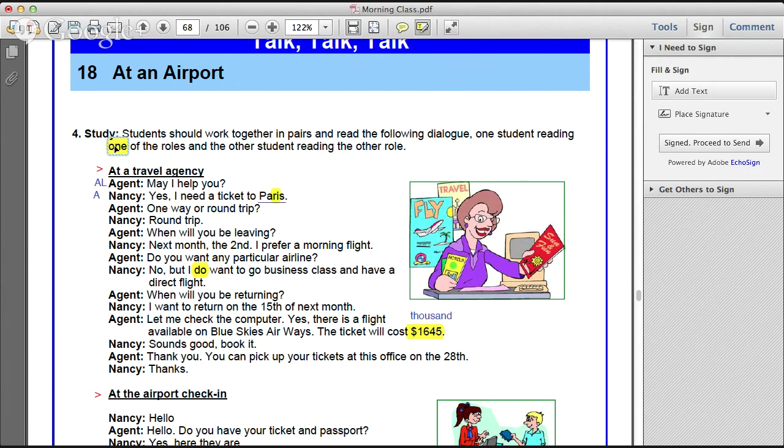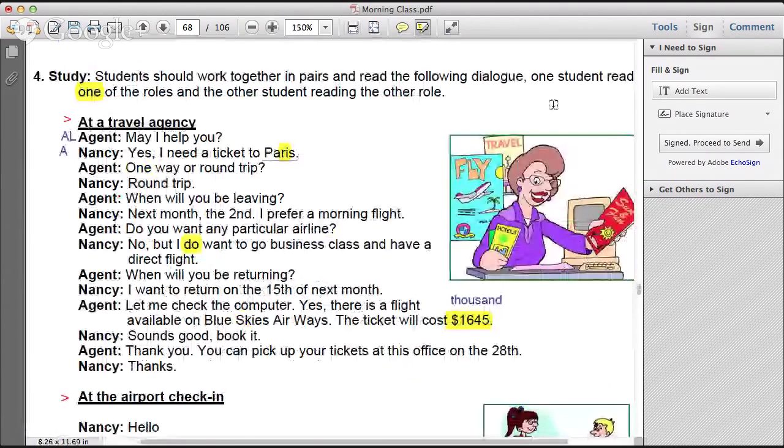Let's go through this one more time. Ali, you will be the agent, and Amparo will be Nancy. May I help you? Yes, I need a ticket to Paris. One way or round trip? Round trip. When will you be leaving? Next month, the 2nd. I prefer a morning flight. Do you want any particular airline? No, but I do want to go business class and have a direct flight. When will you be returning?